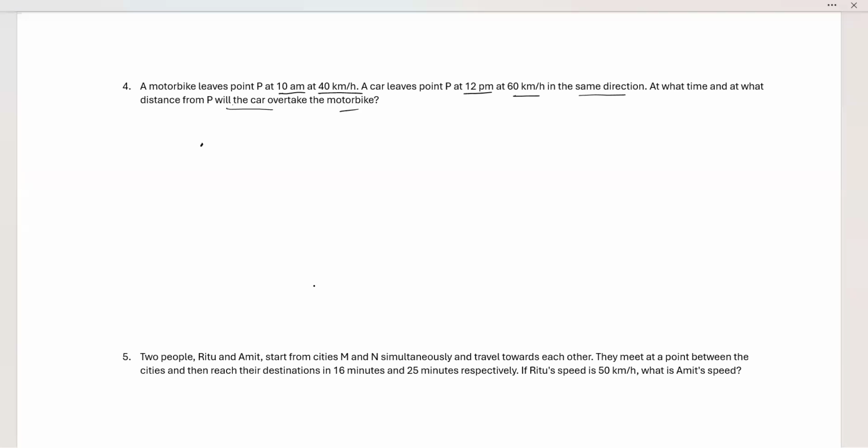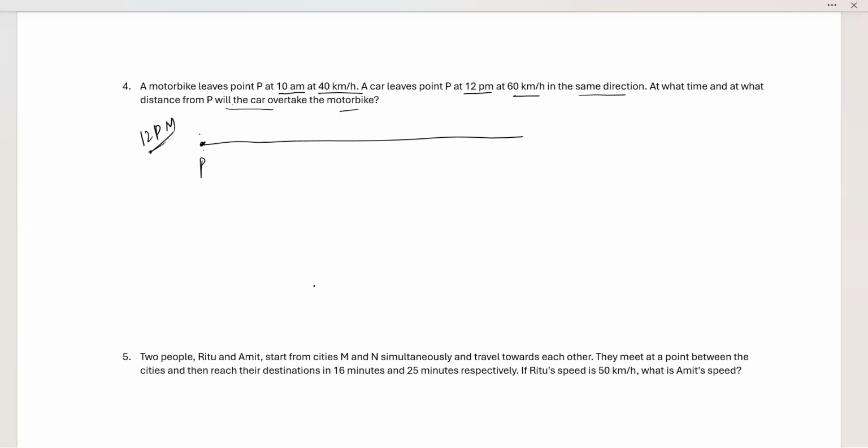Okay, so let's say this is the point P, and this is the path that they travel on, the motorbike and the car. So the motorbike starts at 10 a.m. and car starts at 12 p.m. So let's say it is 12 p.m., right.